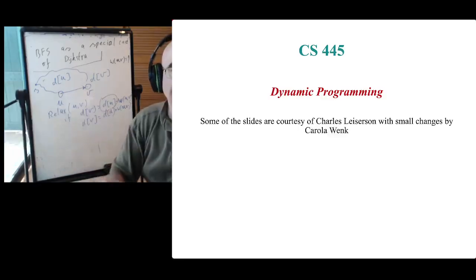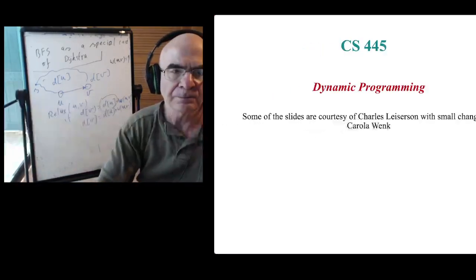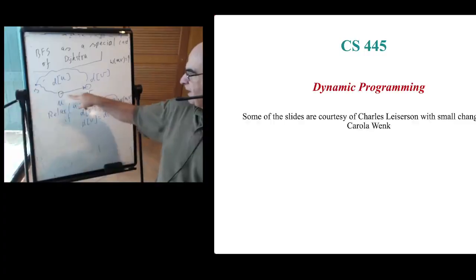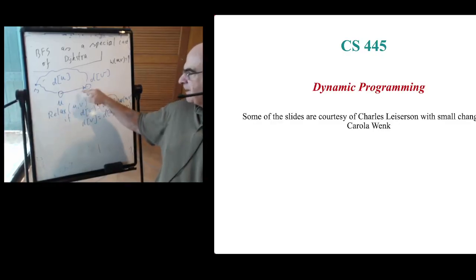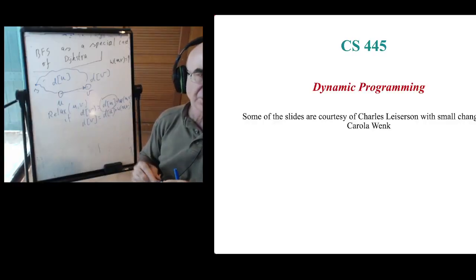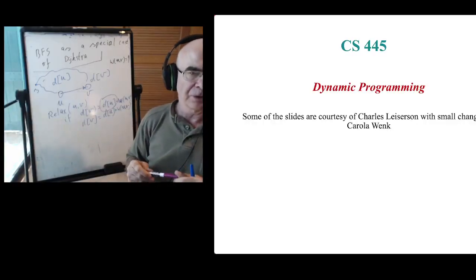That is, d of u will have to be already in its lowest value, that is, the true distance to u, and only then I'll perform the relax operation, and in this case I can do it only once.